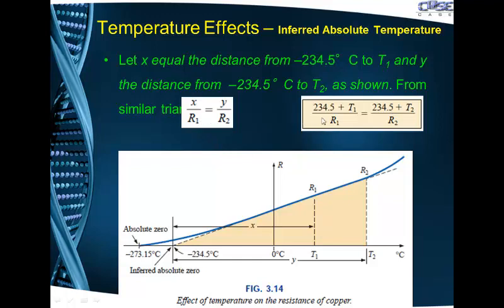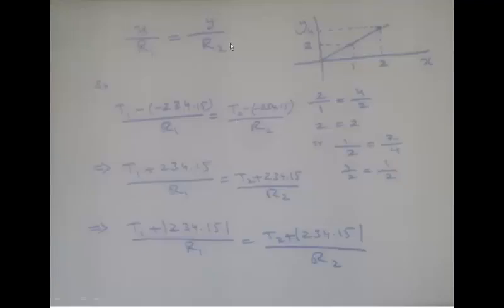So I can arrive at this point by using this relationship, x over R1 is equal to y over R2. Just to give you an idea, this is a straight line, and if I pick these 2 points, point number 1 has x-intercept 1 and y-intercept 2, and point number 2 has x-intercept 2 and y-intercept 4. So the ratio of 2 to 1 would be equal to 4 to 2.